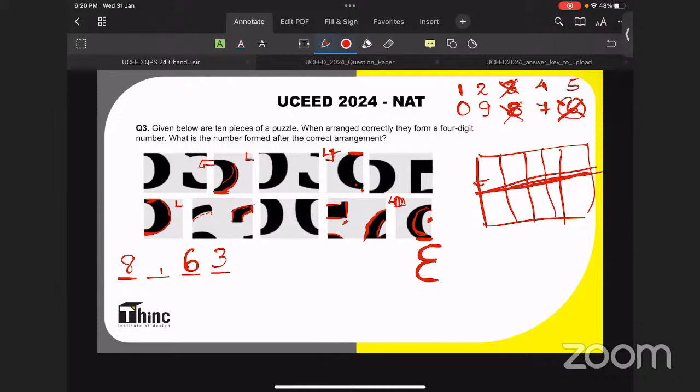That is in front of 6. Over here, we could assume a line at the top is for the number 5 only. When you take these numbers into consideration, that is how we get the number 8563 as per our answer key. Our answer key also mentions the same: it is 8563.